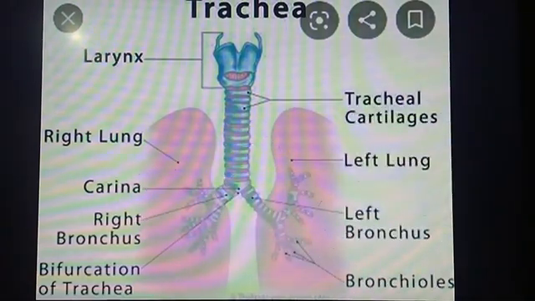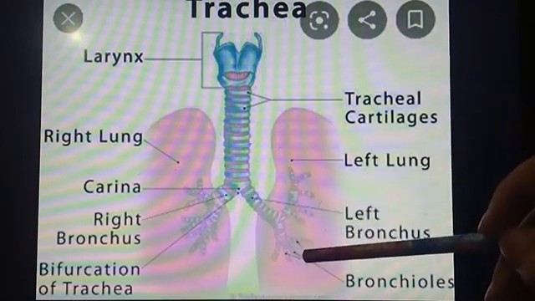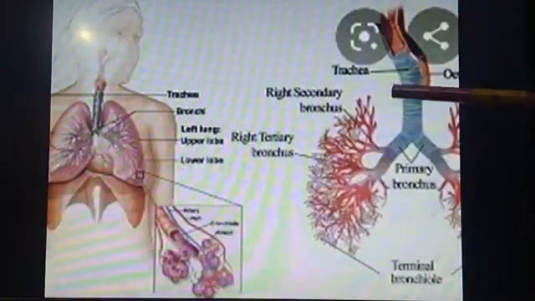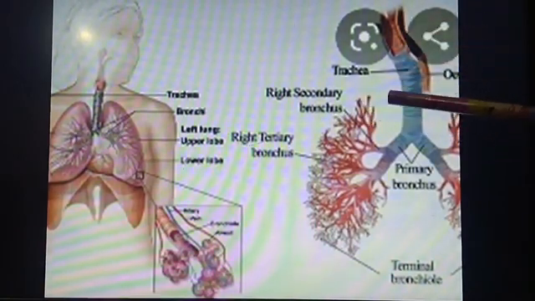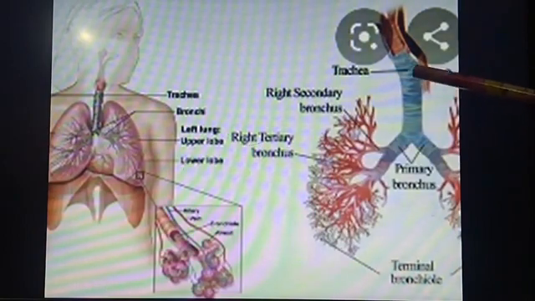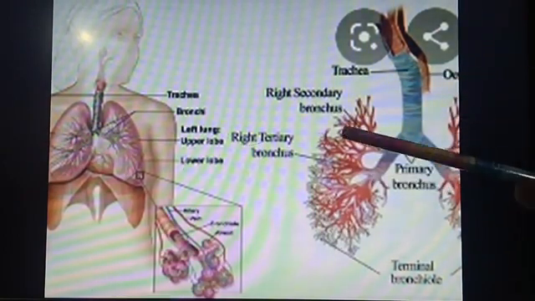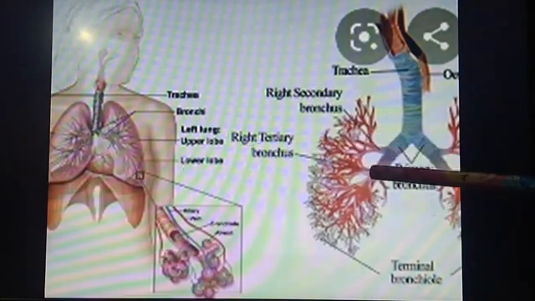The trachea branches into two primary bronchi. The bronchi come into existence after the division of the trachea. This is your trachea, and when it divides, it turns into bronchi.